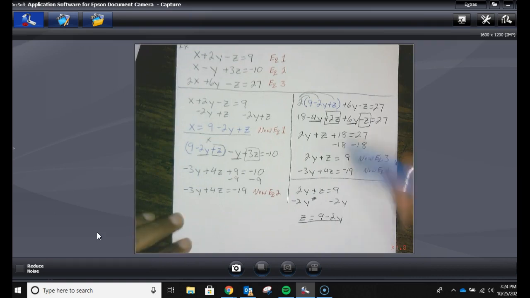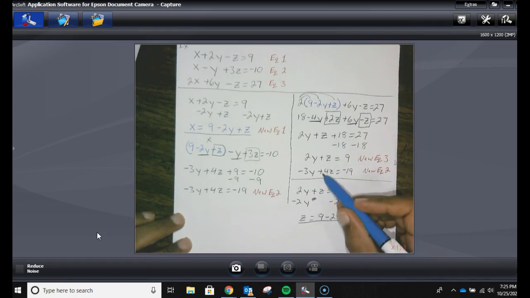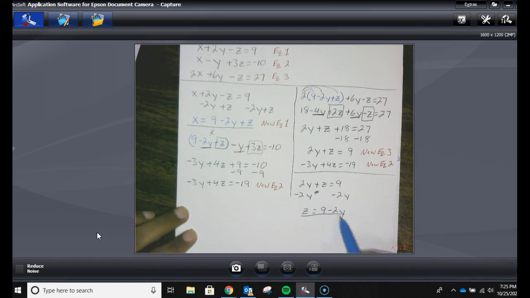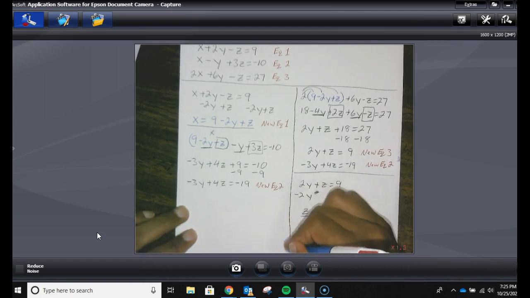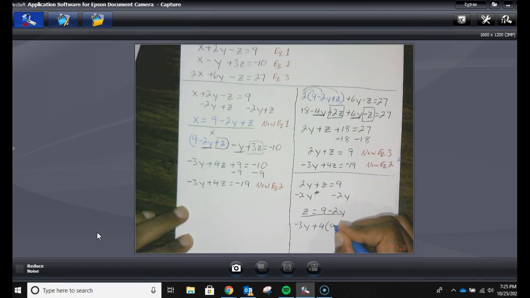So there's something I have for z. Like we did up here, we plugged it into the other 2 equations. We're going to plug this into the second equation. So in place of z in the second equation, I'm going to put 9 minus 2y. So let's do that. Negative 3y plus 4 times 9 minus 2y, I substituted in, equals negative 19.